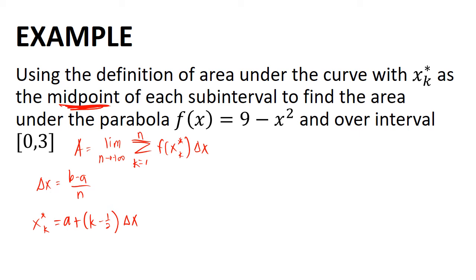So actually from here, you can already calculate x star k for all values of f of x, since our delta x is b minus a all over n. So a plus k minus 1/2 times b minus a divided by n.